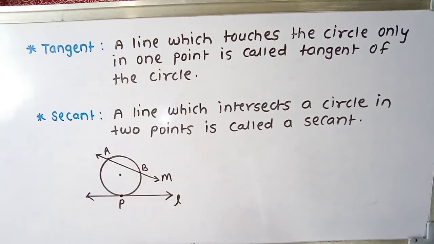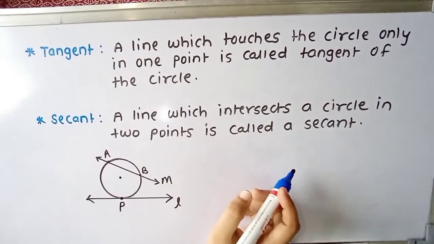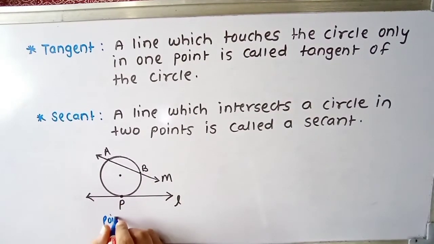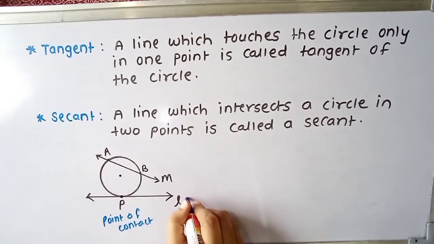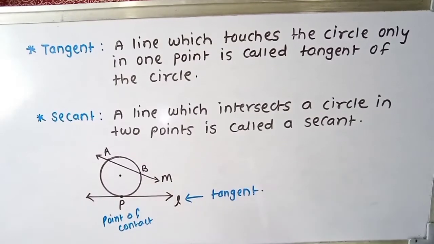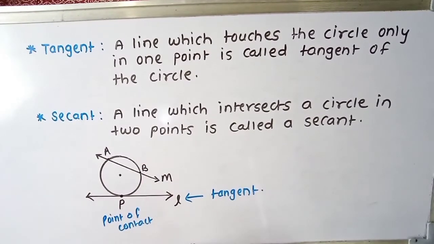So line L is the tangent and P is called the point of contact. This segment is a tangent to the circle. Is this clear to you?